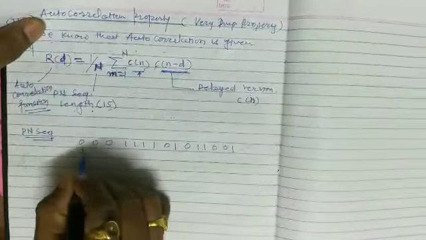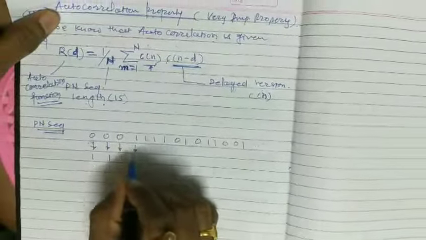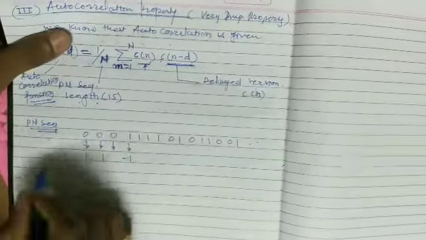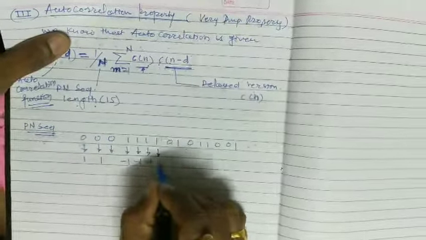Here 0 we will mark as 1 and 1 we will mark as -1. So 1 will be marked as -1 and 0 will be marked as 1.